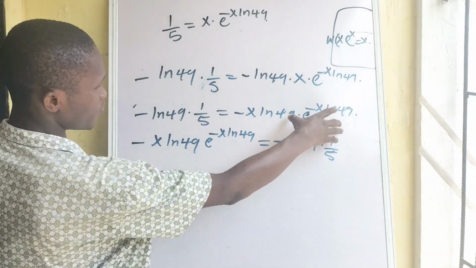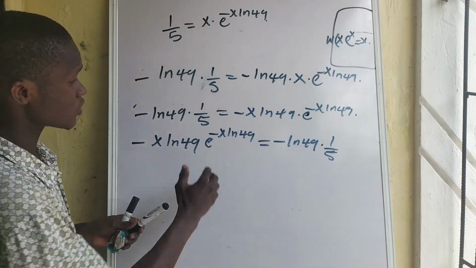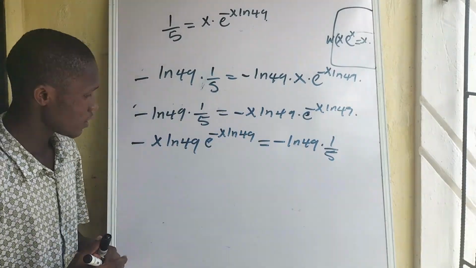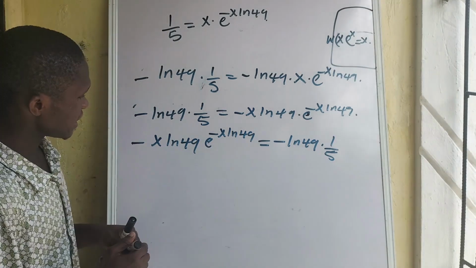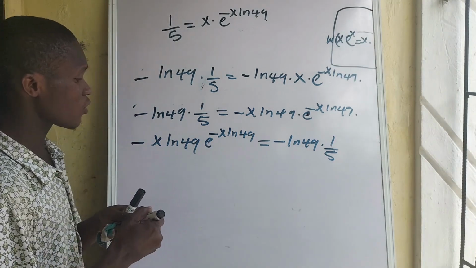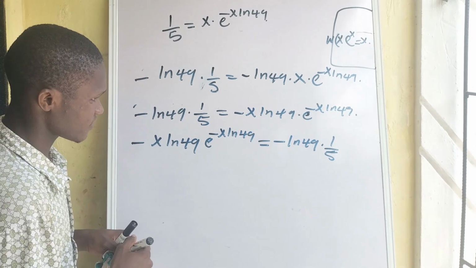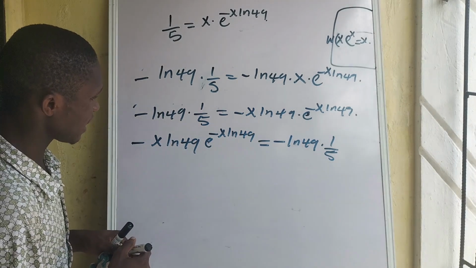Bringing this here still remains the same because we have an equality sign. What then is the next step? We are going to apply the Lambert W function rules directly.